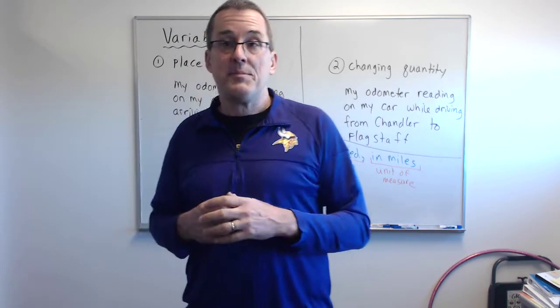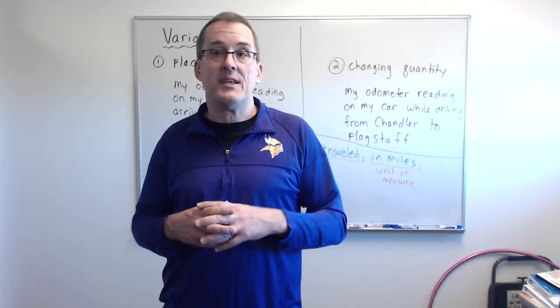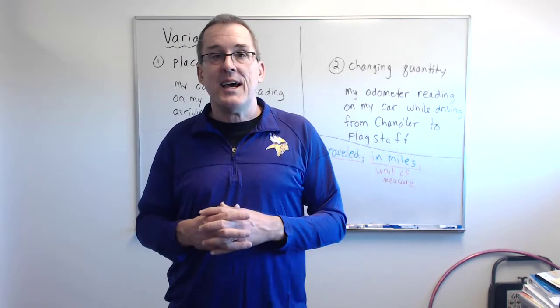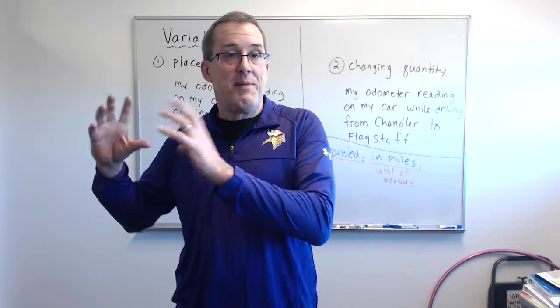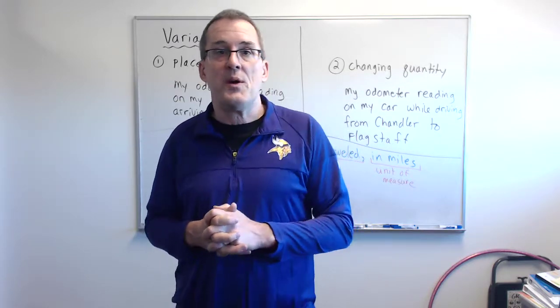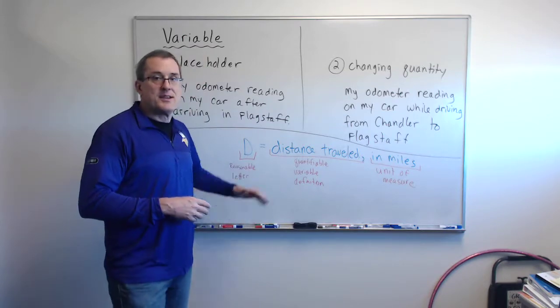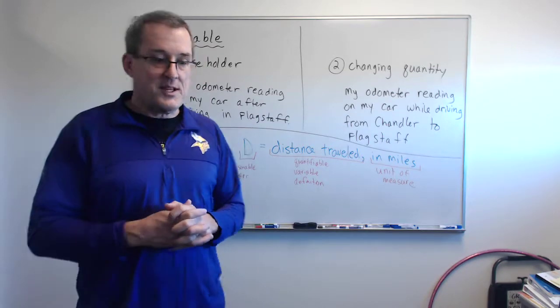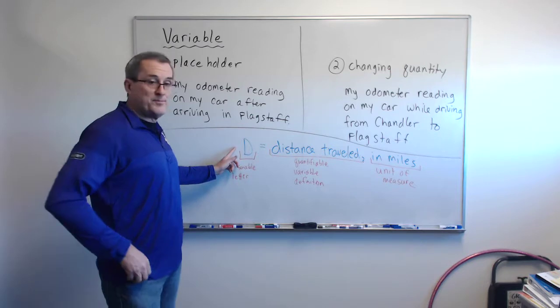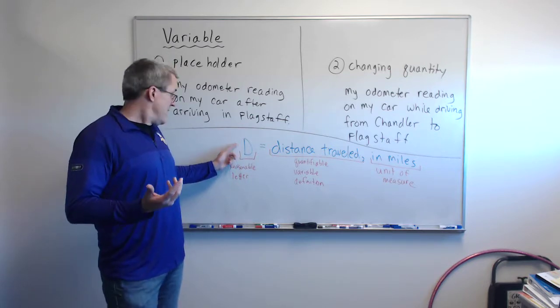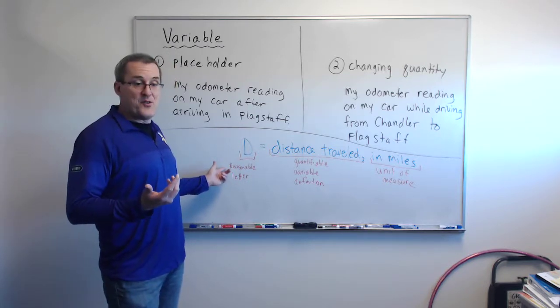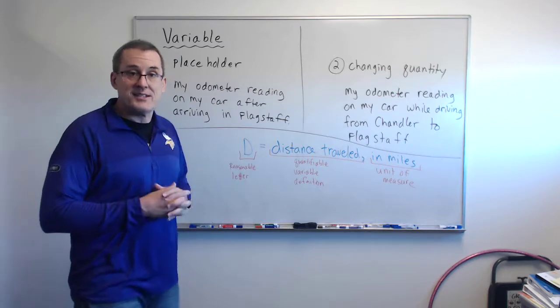Now in mathematics, because we use variables as a way to communicate, as a way to mathematize a real situation, we like to define our variables. And so we're going to get into this convention of defining variables that looks like this. First of all, we're going to use a letter, a reasonable letter for the context that we're in.